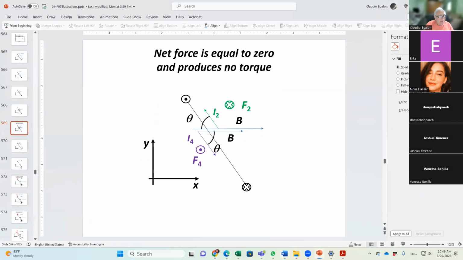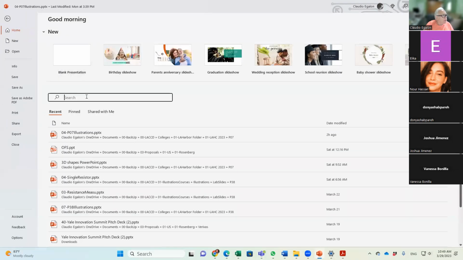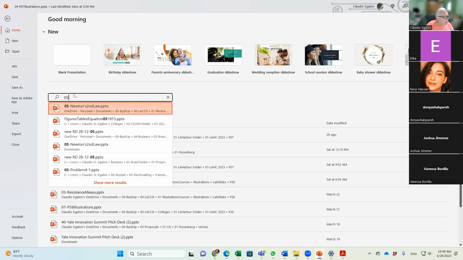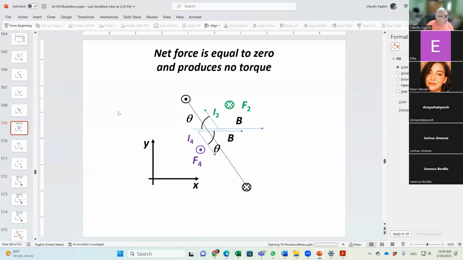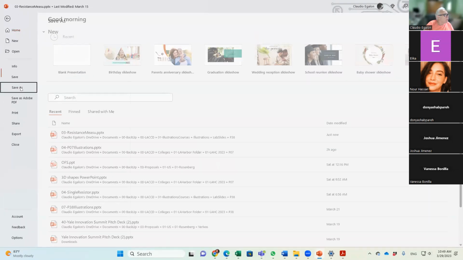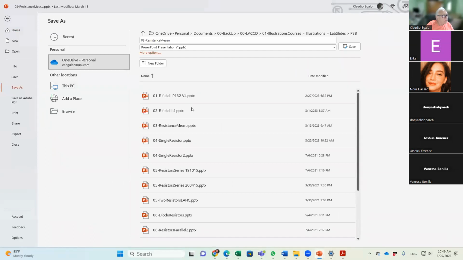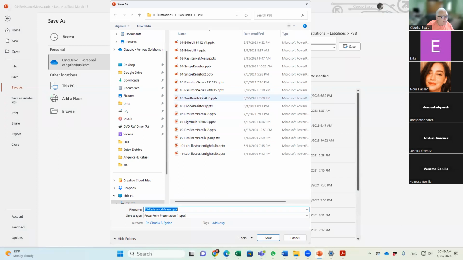And I'm going to get another. Let's see. Resistor. Single resistance. Is that the one? No. Must be this one here, 0, 5. Okay, so now I want to find the resistor, must be this one.